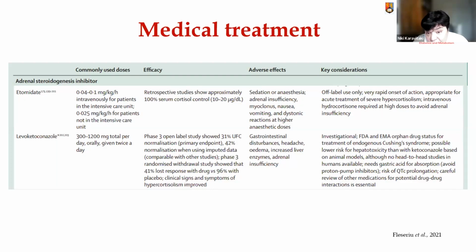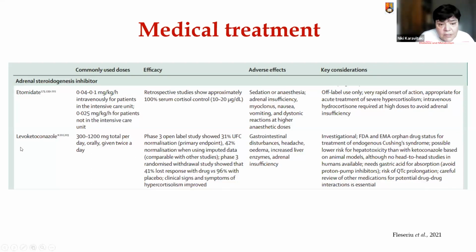It can be used for sedation or anesthesia, and causes adrenal insufficiency. As you can imagine, it is off-label use only. It causes very rapid reduction in the cortisol, and we would use it in acute treatment of truly severe hypercortisolism. And in these cases, because of the high efficacy of the drug, we will need to give intravenous hydrocortisone at high doses to avoid adrenal insufficiency.